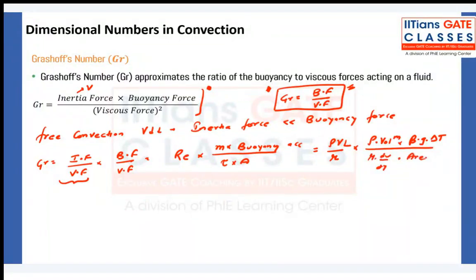Now this is L cube, this is L square, everything else is the same. So now we can cancel things. L we can cancel.